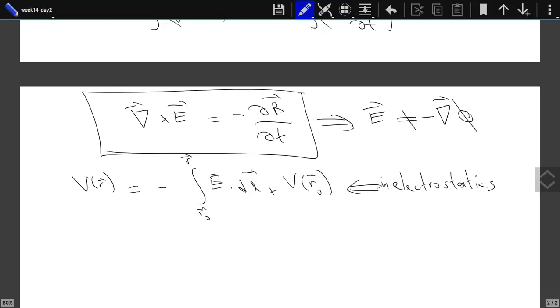We could define this because in electrostatics, this integral was independent of how we went from R0 to R. And this integral was independent of how we go from R0 to R because the curl of E was zero. Now the curl of E is no longer zero if B is changing. So this integral is not defined. To be able to define this integral, we have to tell how we go from R0 to R. So this integral is no longer a function of R and R0 only, and hence we cannot define a potential.